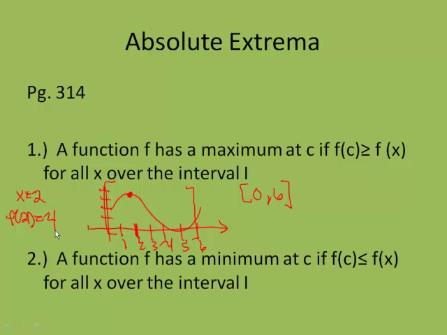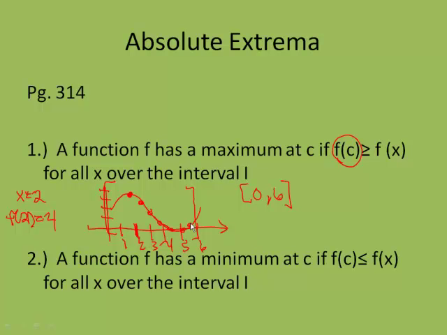Well, this output, this f of 2, or in general f of c, is greater than any other f of x value that I can plug in. So that's all this definition is saying. A function is going to be a maximum if that output of that x value is larger than all others.